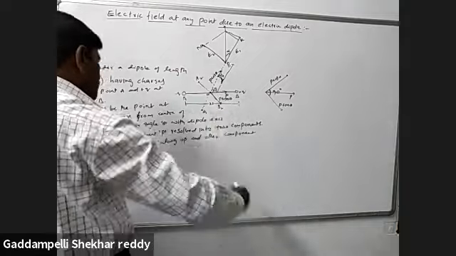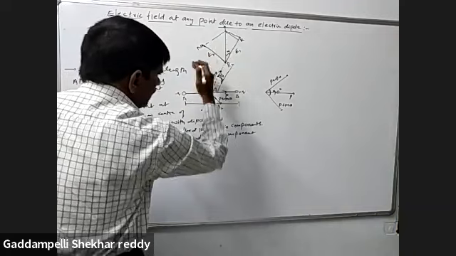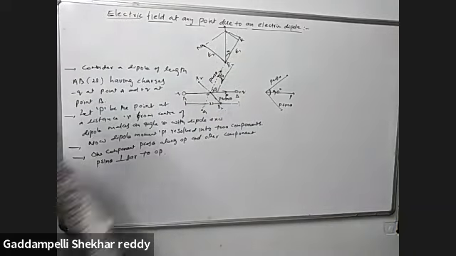P cos theta is the component in the OP direction, and P sin theta is the component perpendicular to OP.